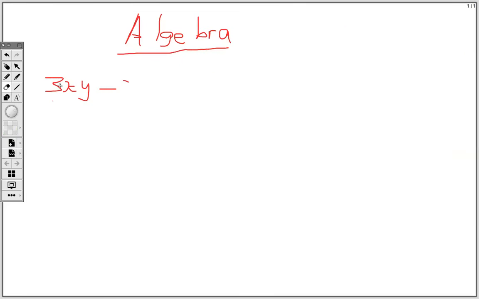Suppose we have 3xy plus 2xy. Still, once we're adding, we write out the variable. So we have the xy, and then we say 3 plus 2, that will be 5.